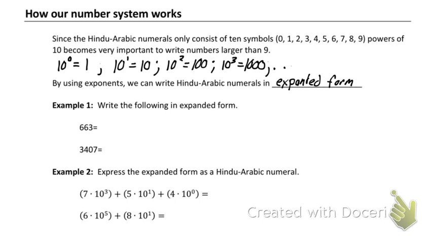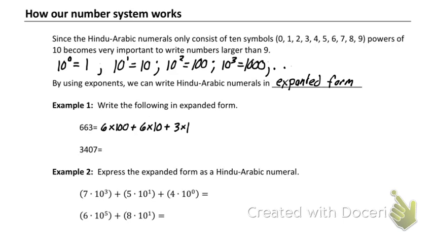So if I have 663, the expanded form of this is going to be 6 times 100, because I have 6 hundreds, plus 6 tens, plus 3 ones.